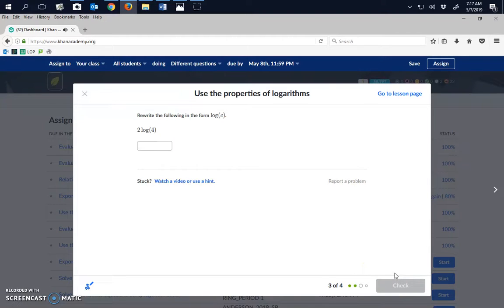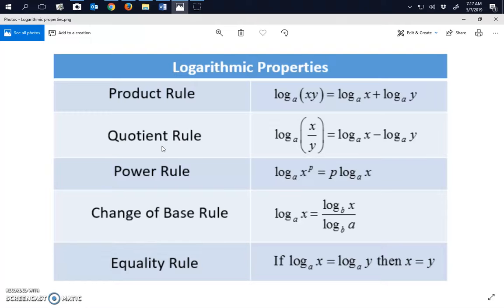2 times log of 4. Okay. So once again, we're using this setup. So we see right here, we have log and a 2 out front. So we got to see where this p goes. So the p is an exponent on our x on the inside. Okay, so I'm actually going to write this down on my board.